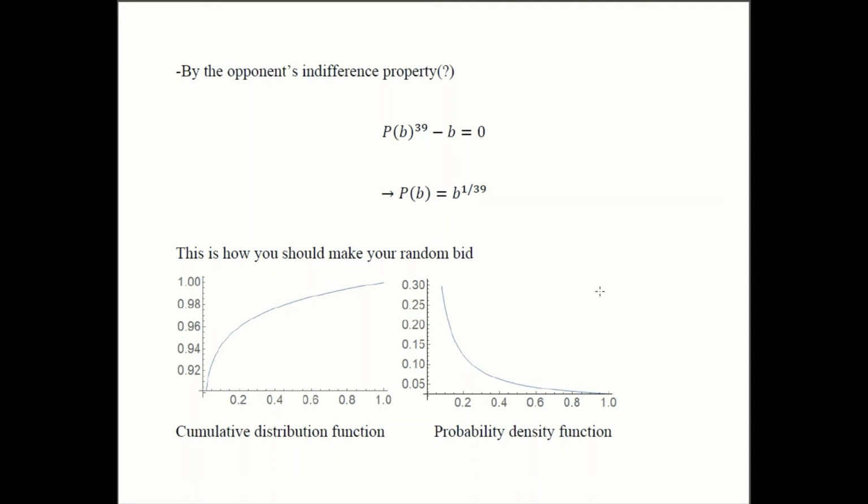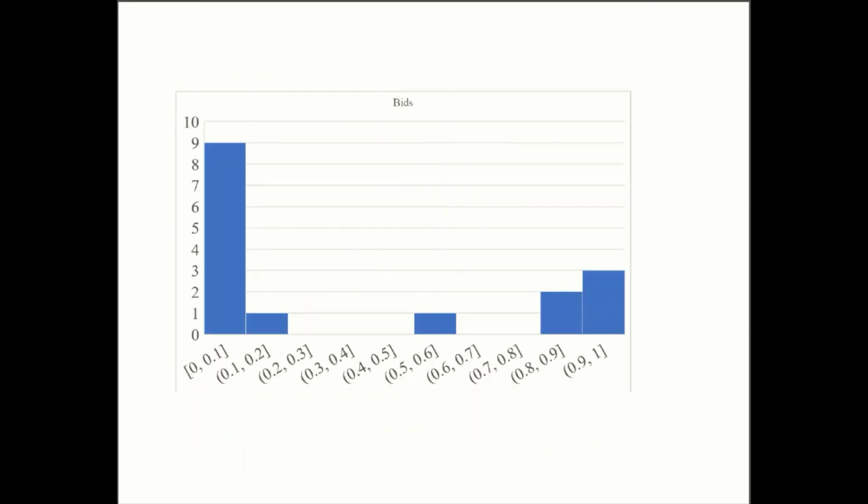We derived this result for all pay auctions. Let's look at what you guys actually did. Remember, bids above 0.2 should be very, very rare. Well, most of you did bid very low, which was according to the theory, but there was a substantial number of you who bid very, very high.